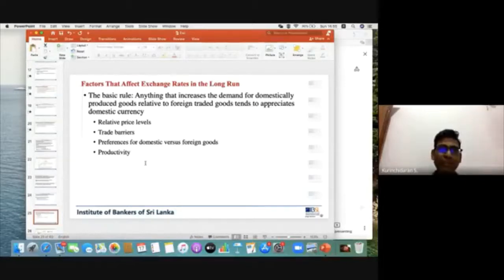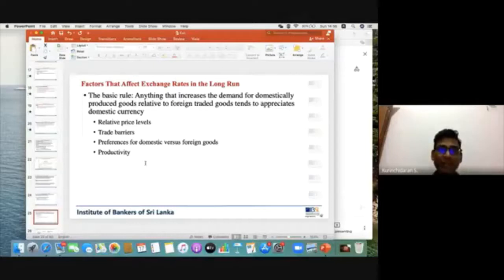When the demand for a good increases due to various reasons, the price of the good increases. Like that, when the demand for a currency increases due to various reasons, definitely the currency will appreciate.